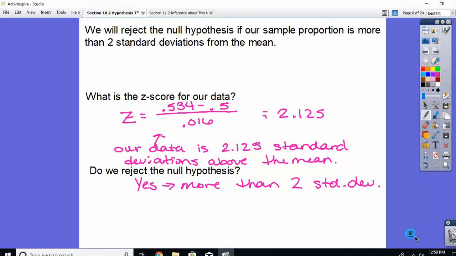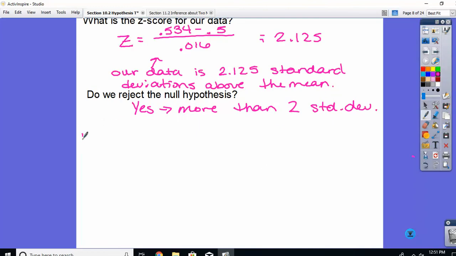If you wanted to think of this in another way, if I wanted to do the probabilities, the probability that my z is greater, I said 2 standard deviations. So let's just do that.